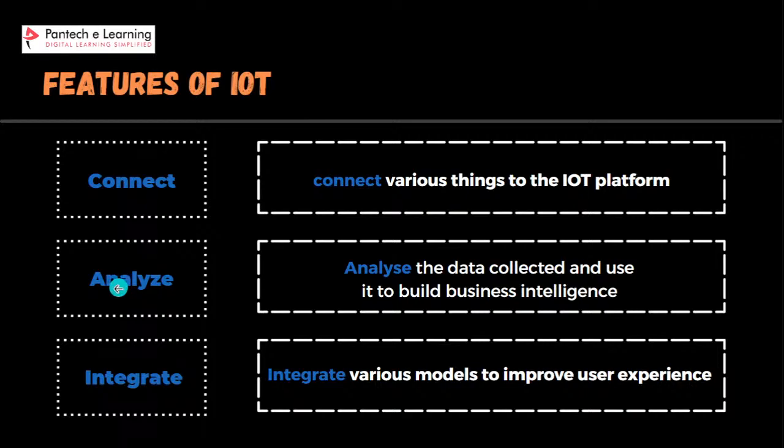For example, if I have a coffee machine that requires special beans and these beans are almost finished, then my system could go online to Amazon and purchase these beans for me. So there are a lot of things I can do when I integrate with various models and improve the overall experience for a single user or a group of users in the world itself, right? Okay, so now let's talk about each one of them one by one.